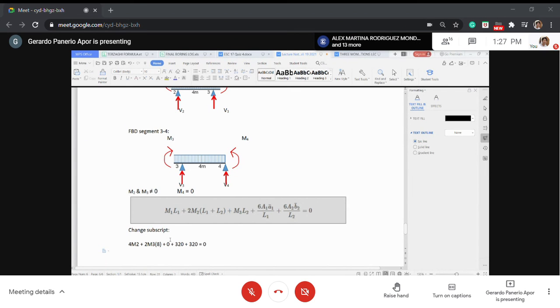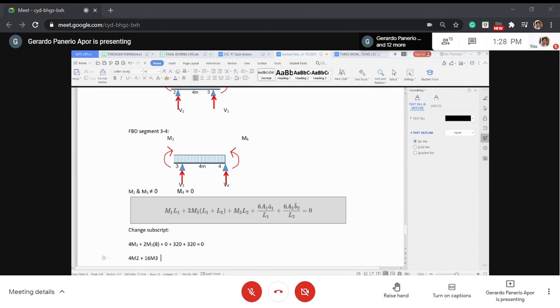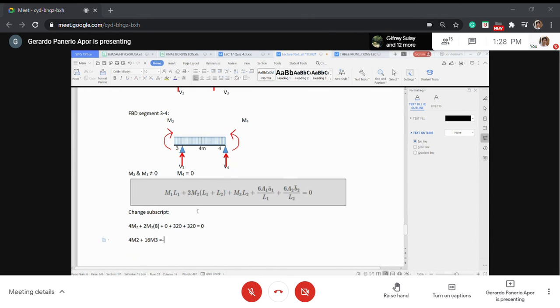So in other words, the second equation is 4 M2 plus 16 M3 is equal to minus 640.